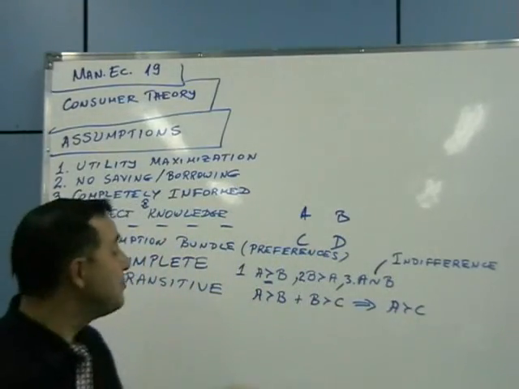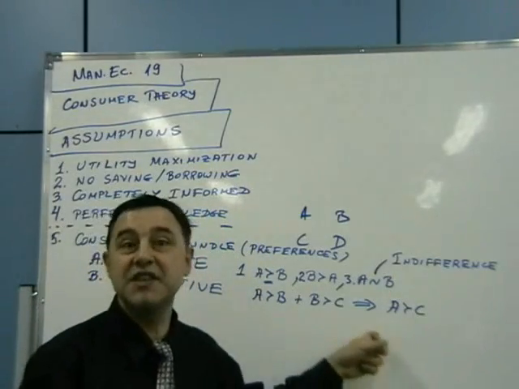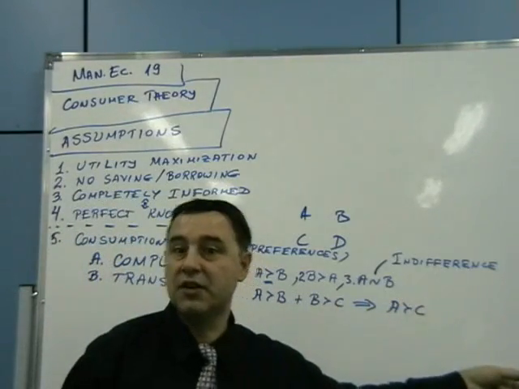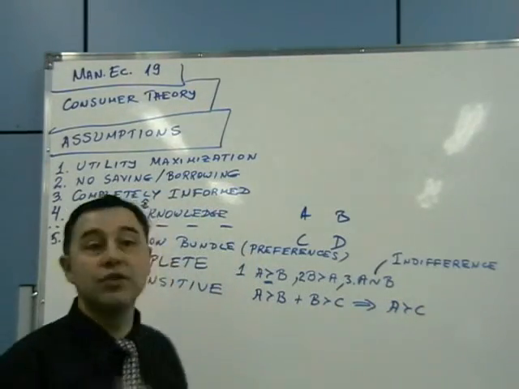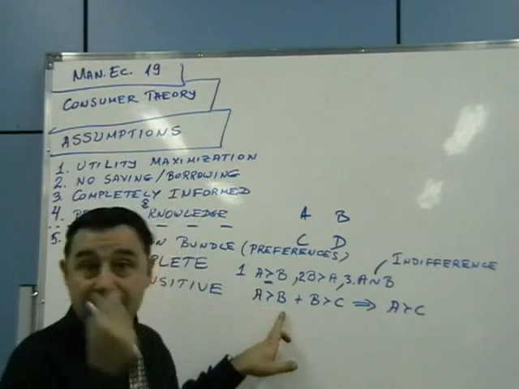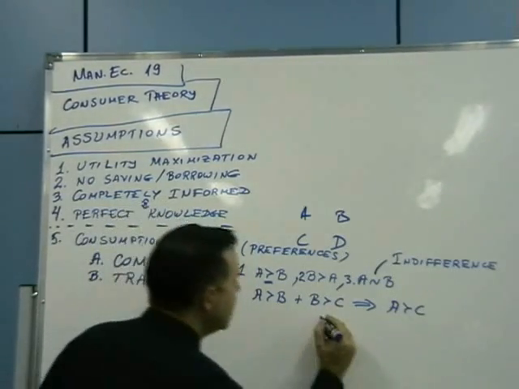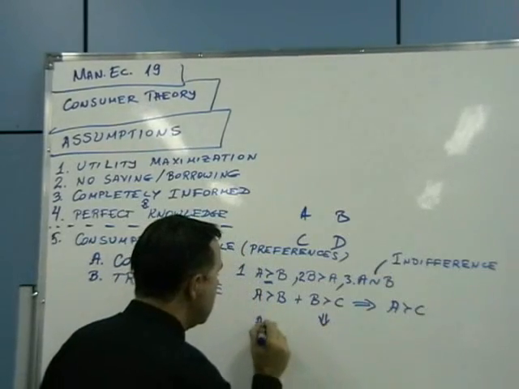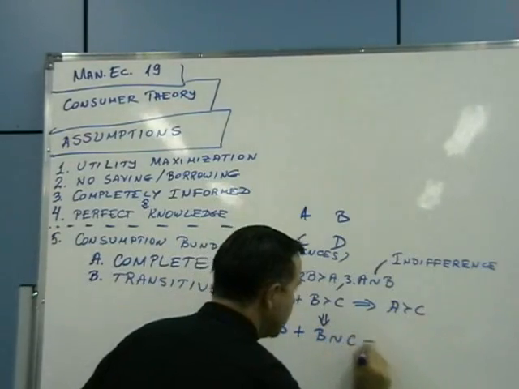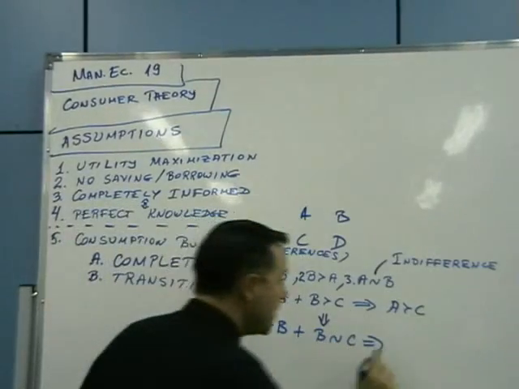So, transitive implies that if I prefer A over B, B over C, C over D, then I prefer A over D. Alright? We could go a step further. If I prefer A over B and I am indifferent between B and C, it follows that I prefer A over C. Okay?